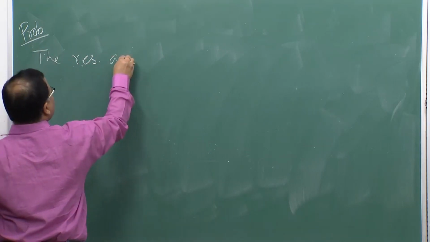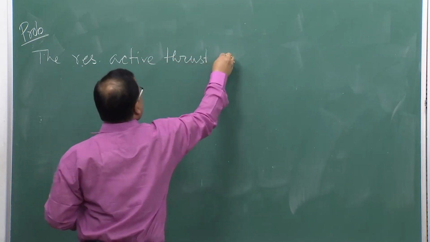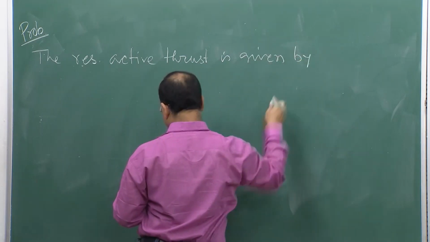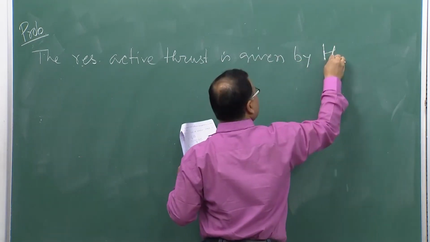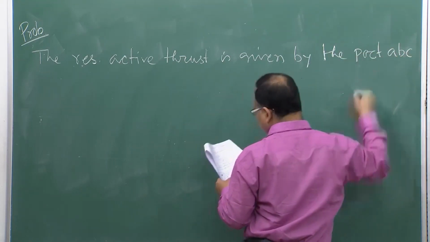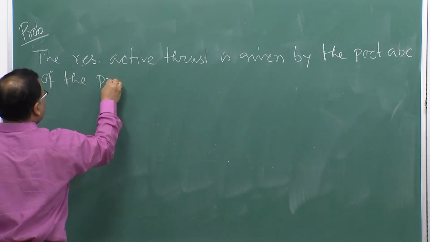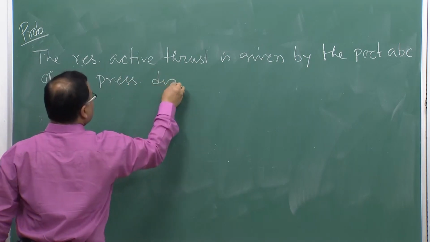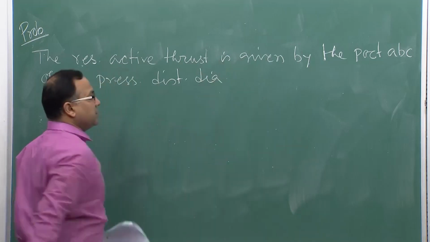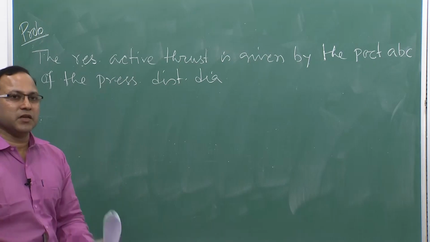The resultant active thrust is given by the part A, B, C of the pressure distribution diagram, isn't it? So, that is the total resultant active thrust.